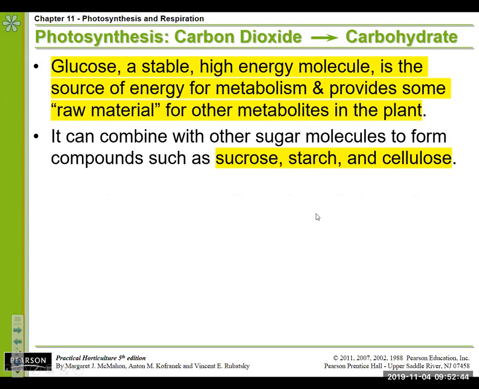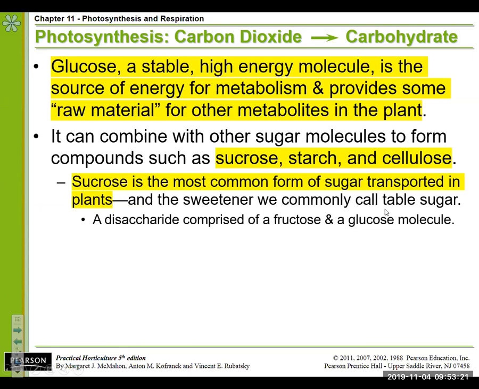And then it combines with other sugar molecules basically into chains that form sucrose, which again is our table sugar, or starches, depending on how it's bonded, which are used for energy transfer in the plant, especially in the seeds and roots as well, and also cellulose, which is forming kind of the rigid fibrous structure of the plant. So this one molecule is basically combined in chains to do it all.